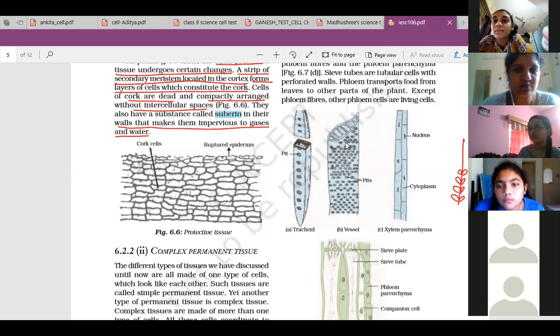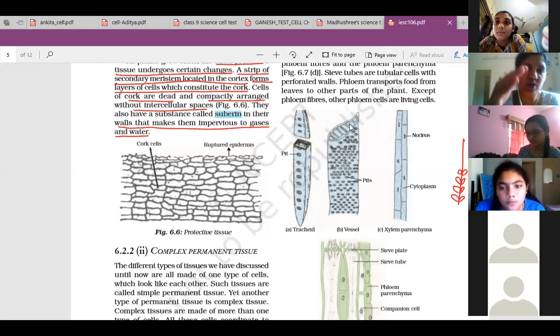Due to this vacuum, the water particles will start moving upwards to fill that gap. So this way, water will move upward, and that suction pull is created by the transpiration process.